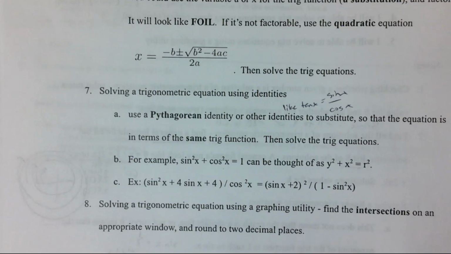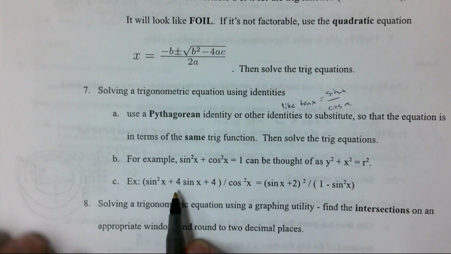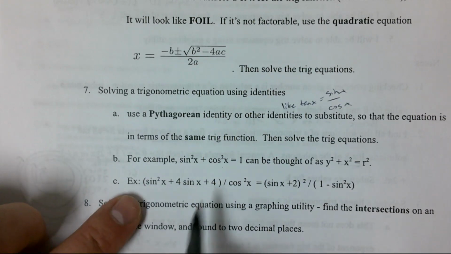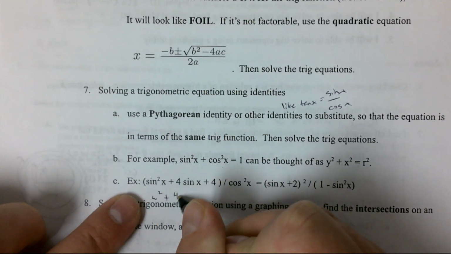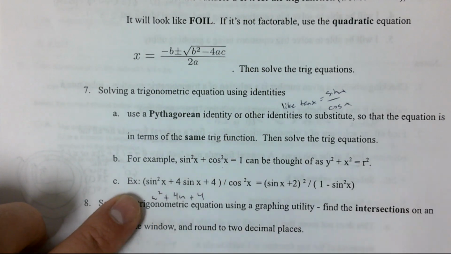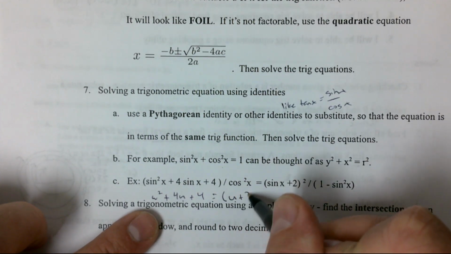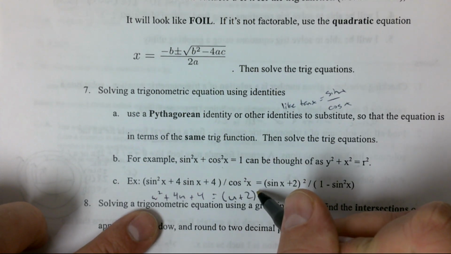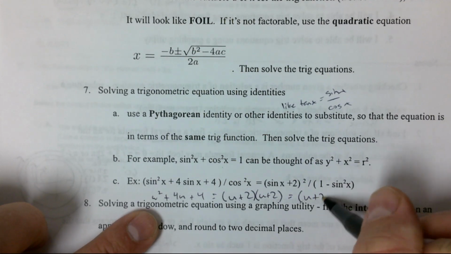So when we have a problem like this, sine squared plus 4 sine x plus 4 could be thought of as u squared plus 4u plus 4, and we would just make that u plus 2 times u plus 2, or u plus 2 squared.